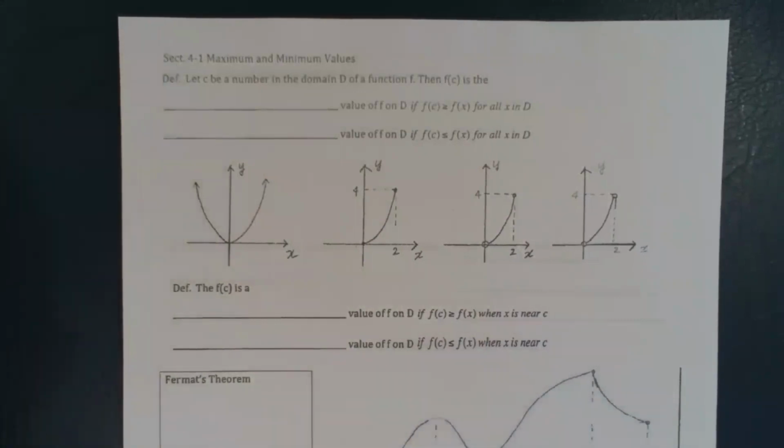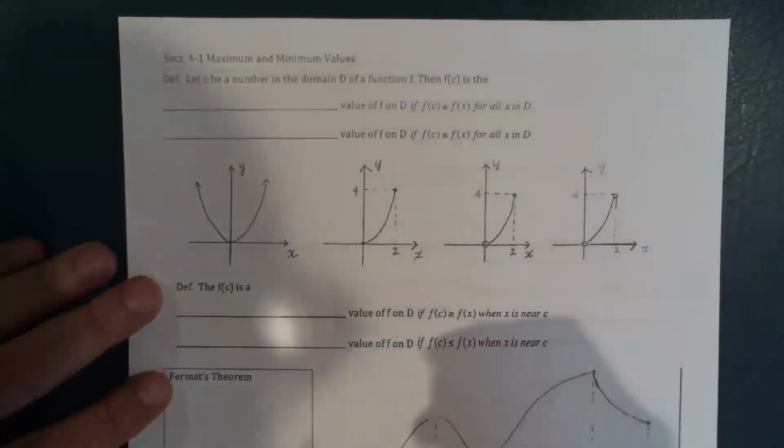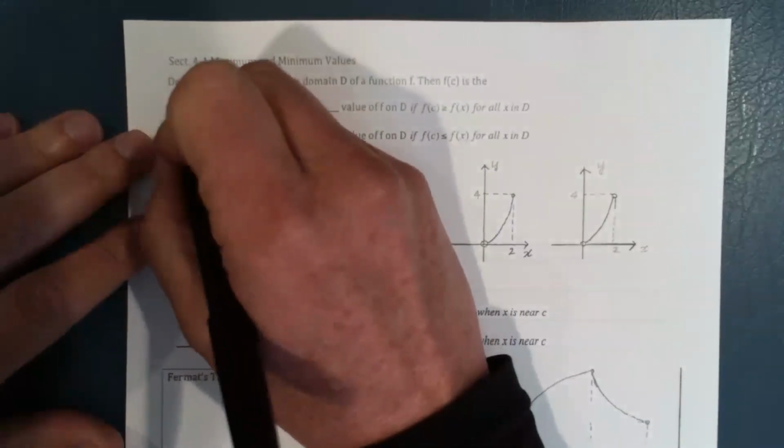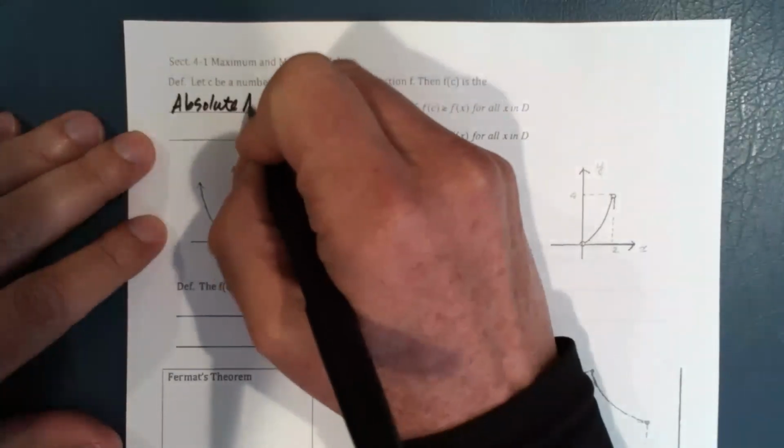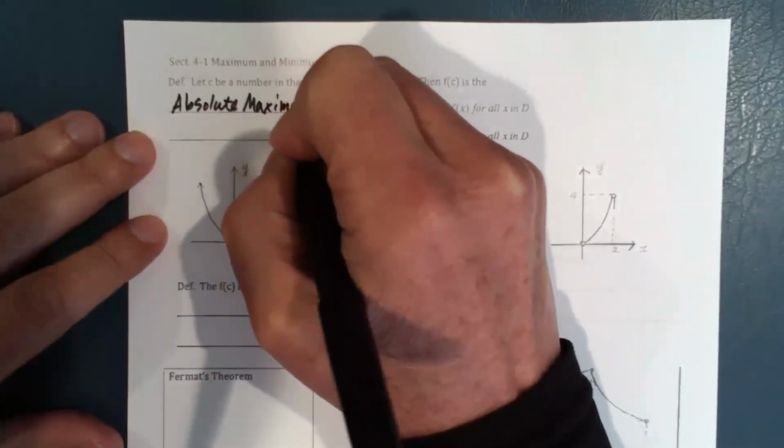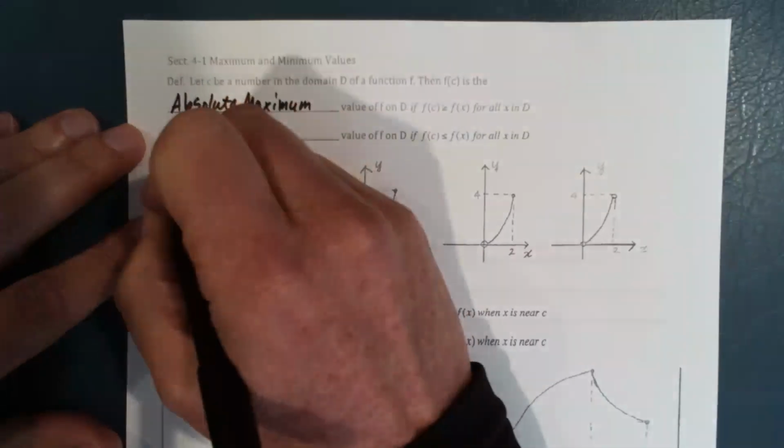We're going to talk about maximum and minimum values, and we're going to start with absolute maximum, and absolute minimum.